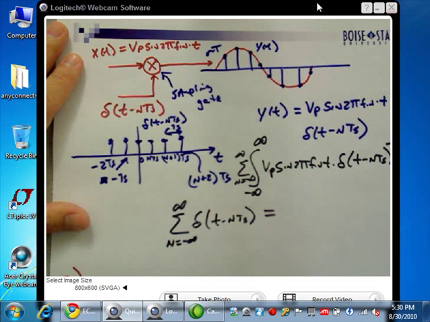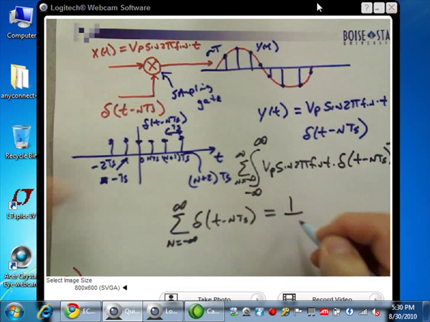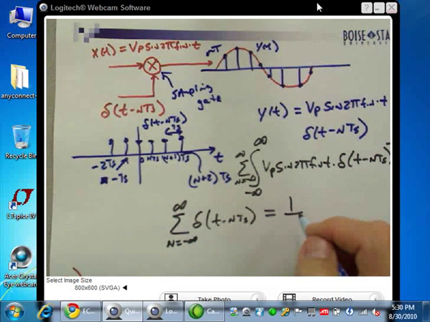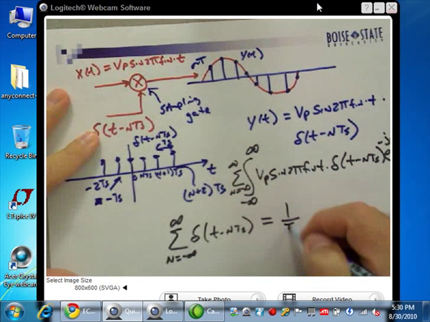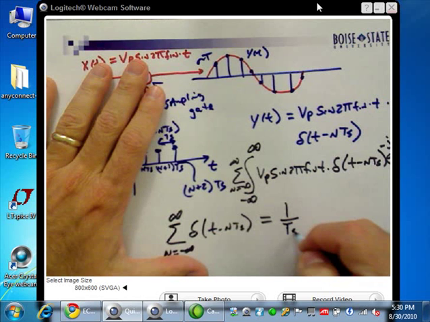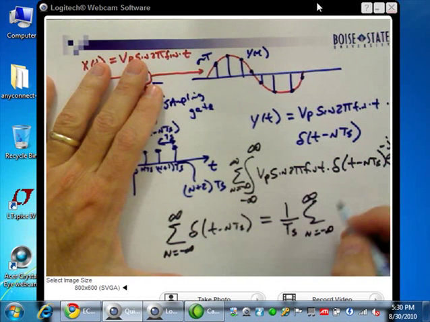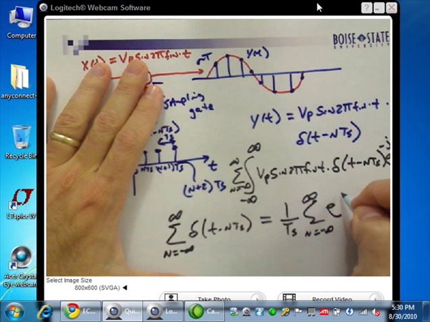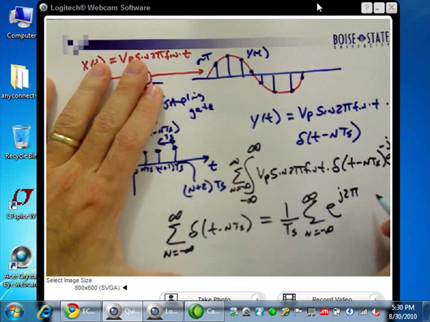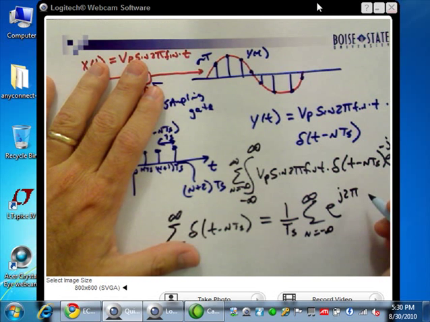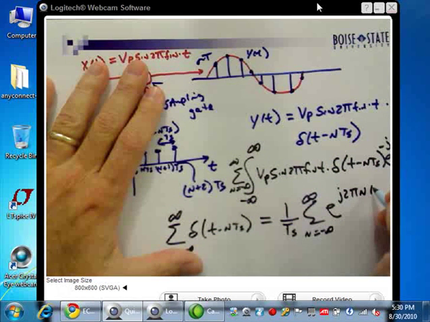Fourier series allows me to calculate the coefficients and represent a periodic function in the time domain, and that was the first part of the last section in chapter 1, which I skipped. We can only do so much review or else we won't cover anything in the class. So it's the sum from n equal minus infinity to infinity of e to the j 2 pi n t over Ts.